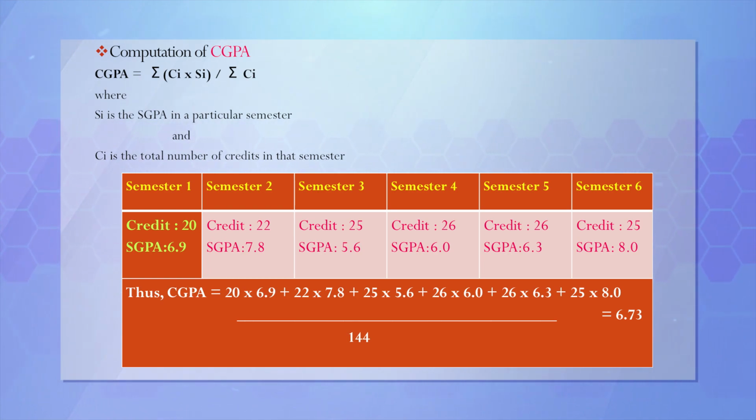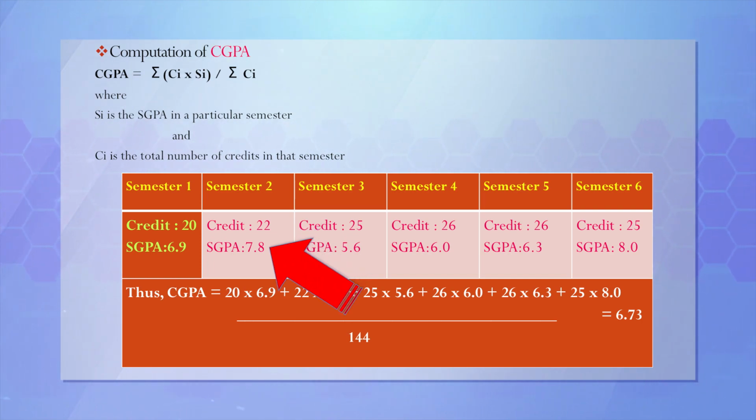In all the 6 semesters, the student has secured the credits and SGPA in this manner. In semester 1, there are 20 credits and SGPA is 6.9. In semester 2, there are 22 credits and SGPA is 7.8.